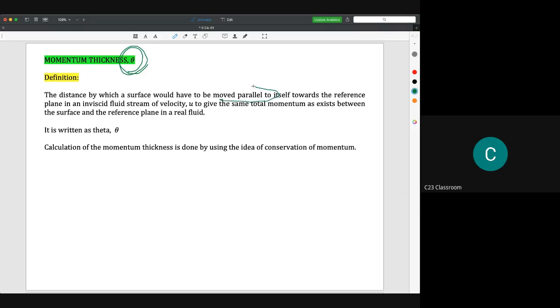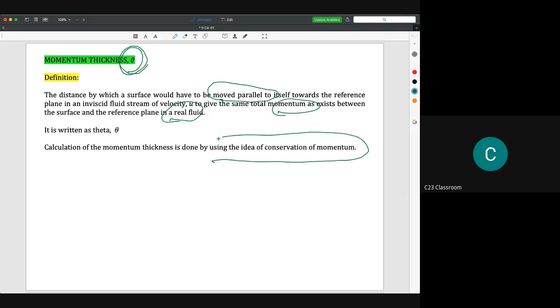So the momentum thickness is also an imaginary thickness measured from the surface vertically, parallel with the y axis, to itself toward the reference plane in an inviscid fluid stream of velocity U to give the same total momentum as exists between the surface and the reference plane in real fluid. So the idea is actually to make sure that our equation will conserve momentum.